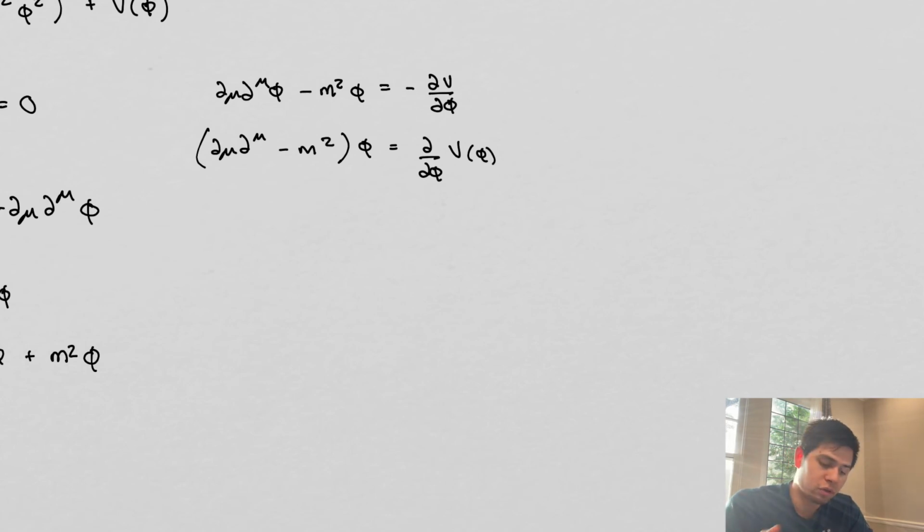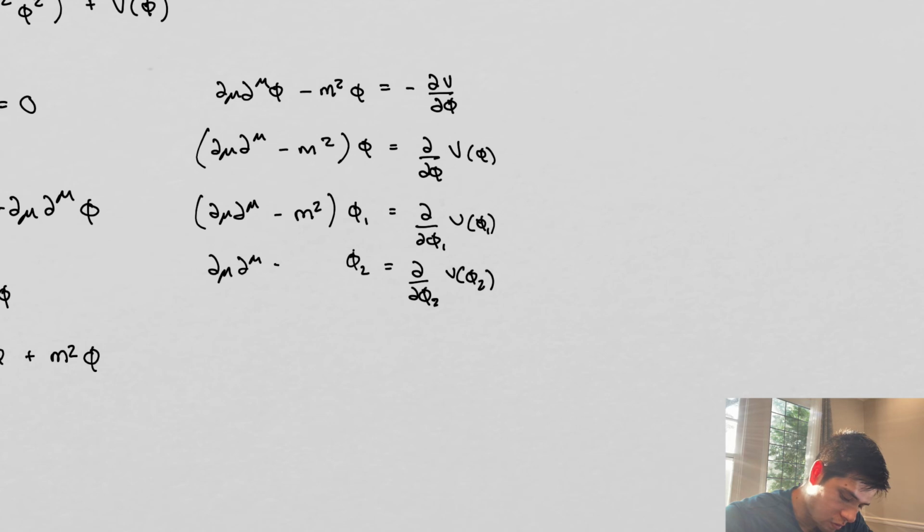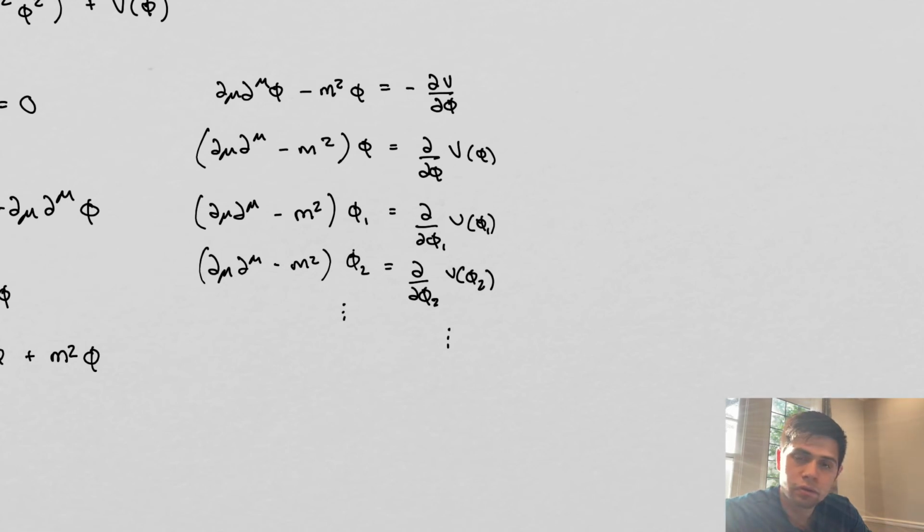So if we say that there's multiple functions that satisfy this, well, we could say that d mu minus m squared phi 1 equals dV d phi 1 on phi 1, and we can go down to phi 2, dV d phi 2 on V and phi 2, and we can go down, and so forth, right?